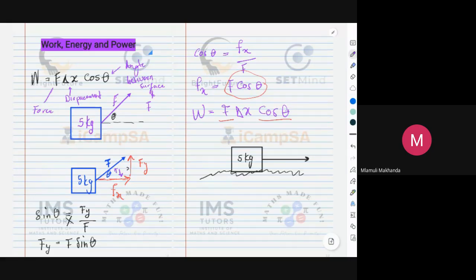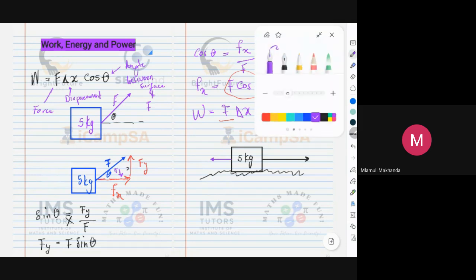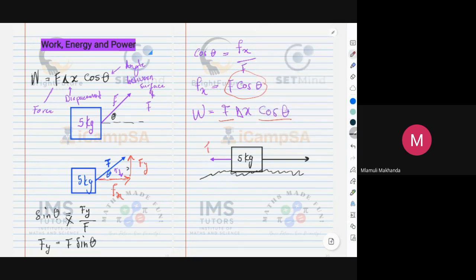As I said, we have a rough surface here. So rough surface is telling us we have friction, right? So that means we've got a force that is trying to pull this box the opposite way. So this would be our friction. This is friction. This is applied force.